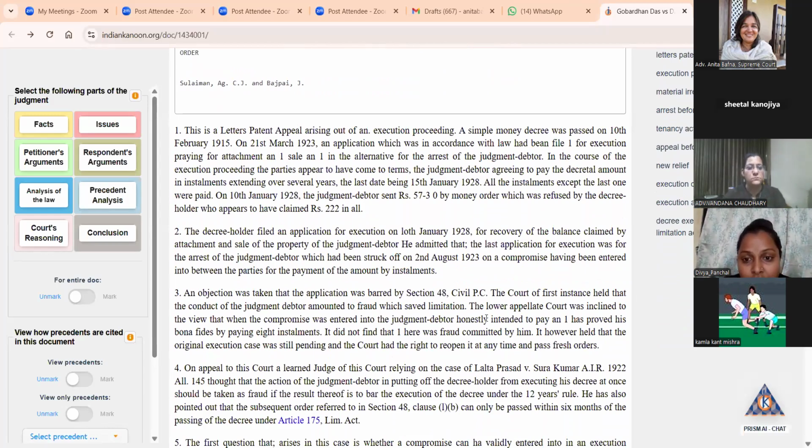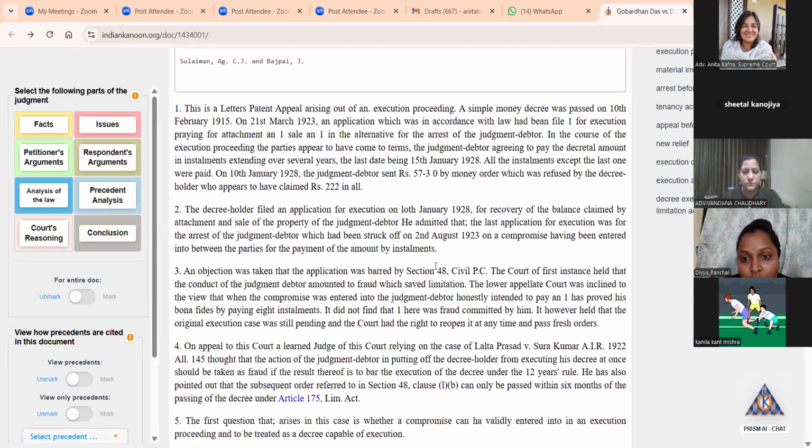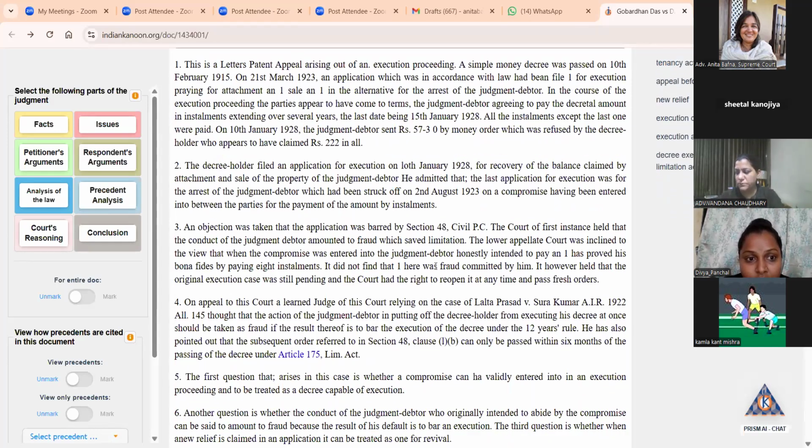He admitted that the last application for execution was for the arrest of the judgment debtor, which had been struck off on 2nd August 1923 on a compromise having been entered into between the parties for the payment of the amount by installments. An objection was taken that the application was barred by Section 48 of the Civil Procedure Code.